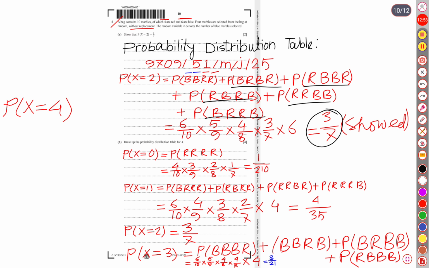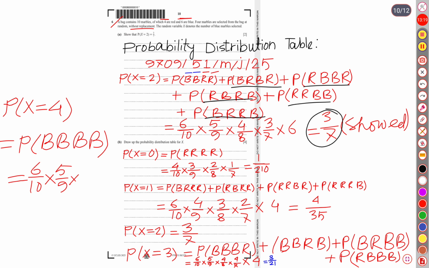So x equal to 4 is actually when all of them are blue: blue, blue, blue and blue. First one is 6 over 10, then 5 over 9, 4 over 8, and 3 over 7. So final probability is going to be 1 over 14.